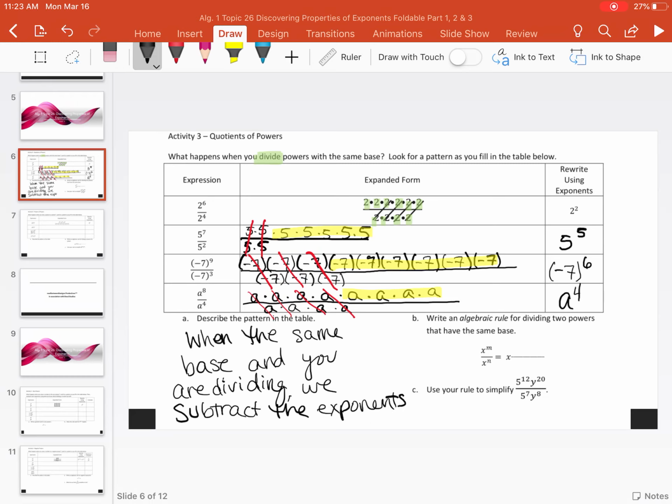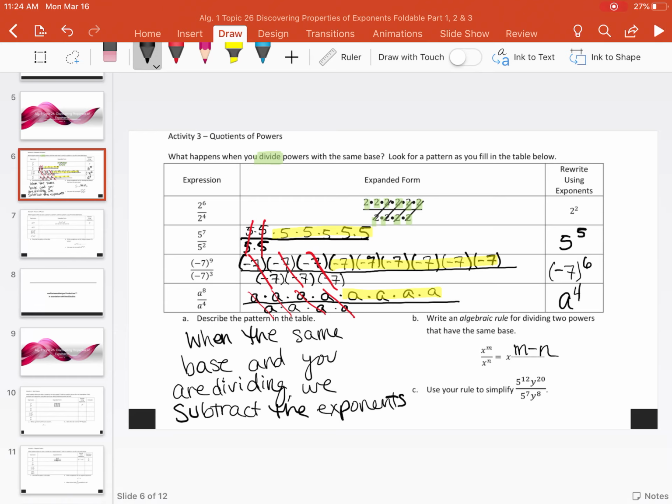Generally, if we have x to the m divided by x to the n, assuming that m and n are random numbers, this is the same thing as x to the m minus n. And we always go from the numerator to the denominator.